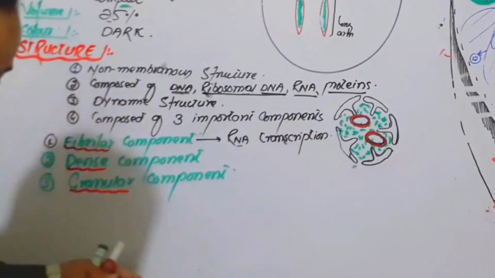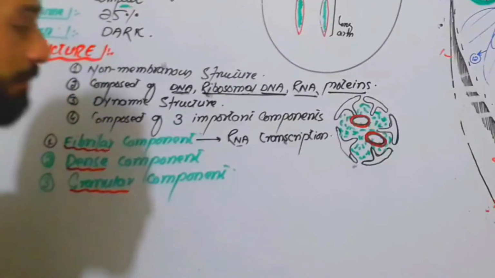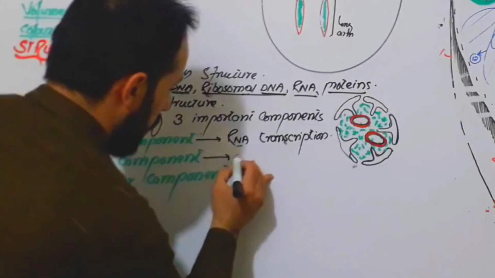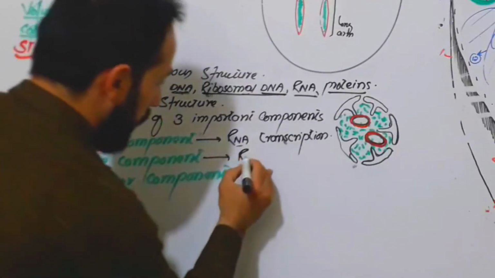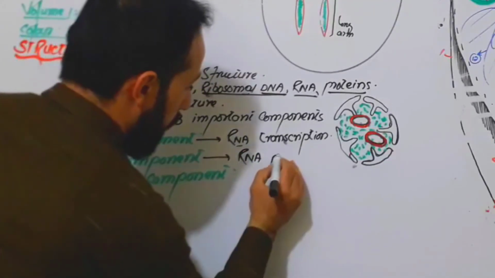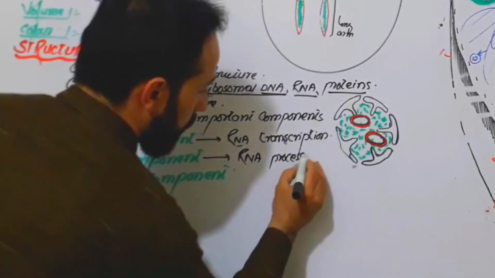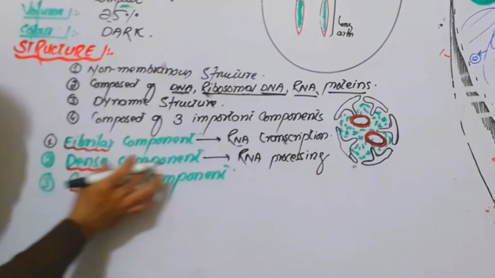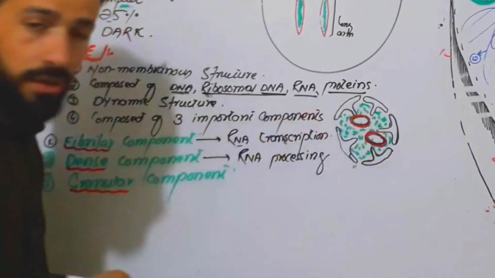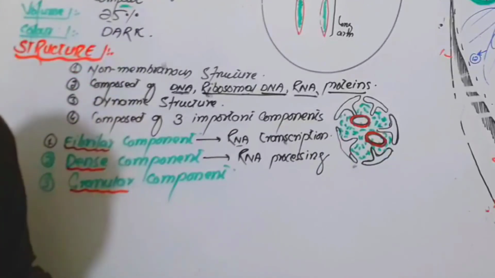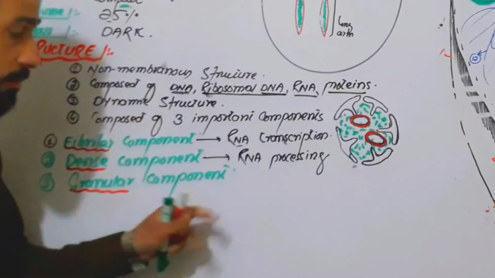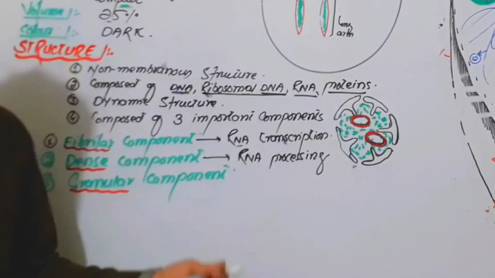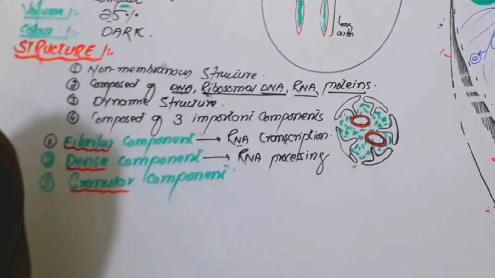Then in the dense component, what happens is that RNA processing occurs here, right? So the dense component of the nucleolus is responsible for RNA processing, and the granular component is responsible for the ribosomal subunits assembly, right?